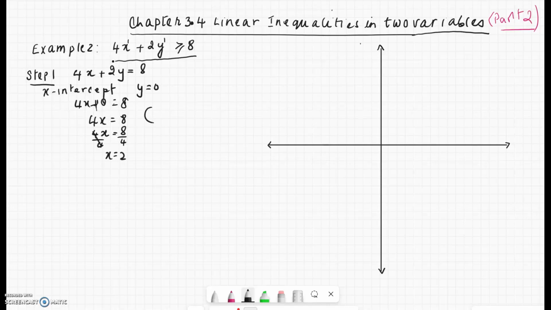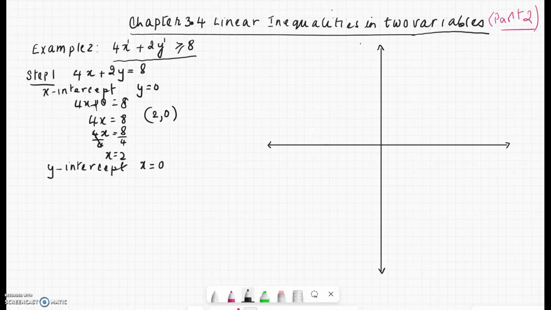So one point to plot is 2, 0. Y is 0, x is 2. Next, let's do the y-intercept. For the y-intercept, the x-coordinate equals 0 because it sits on the y-axis.